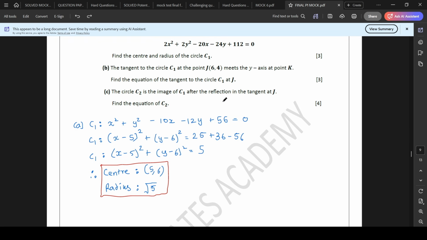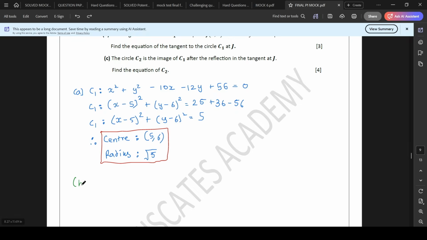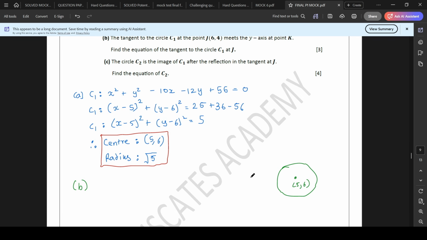Okay, let's see what's given. Let's try to identify this. So we are having a circle with the center (5, 6), and there is a point (6, 4). Let's say (6, 4) is somewhere over here. Let's call it point J. And now there is a tangent passing like this.